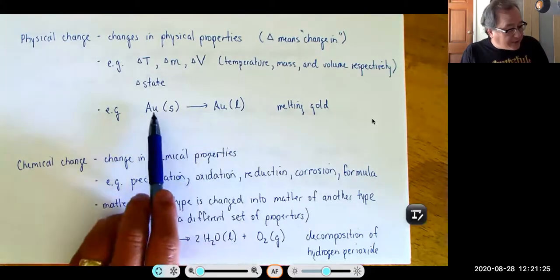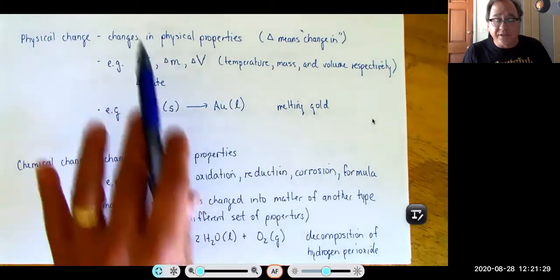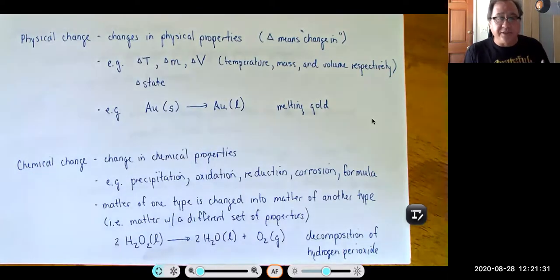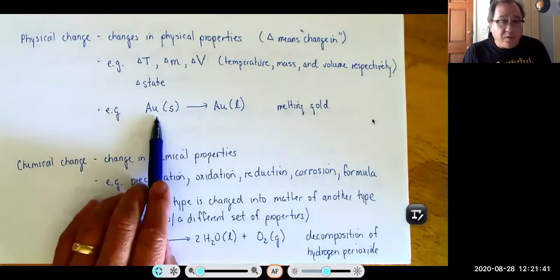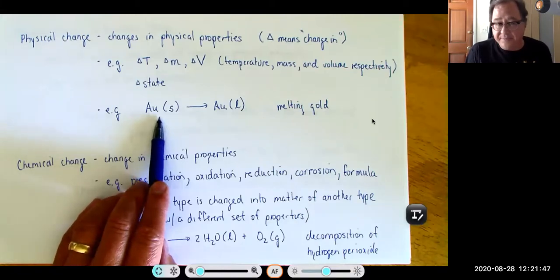So during this change, there's no change in formula. Therefore, the above is not considered a chemical change. It's considered a physical change. No change in formula. Okay? Just to backtrack a little bit, gold is not one of those elements that come in pairs, and that's why you don't see a little 2 behind it.